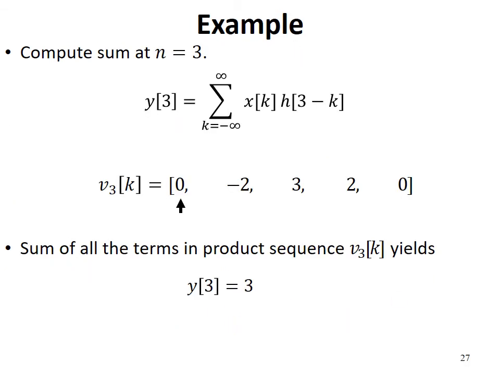The samples of now product sequence v3 of k would be added together. So sum of all the samples would be -2 plus 3 plus 2, which is equal to 3. So y of 3 is equal to 3.